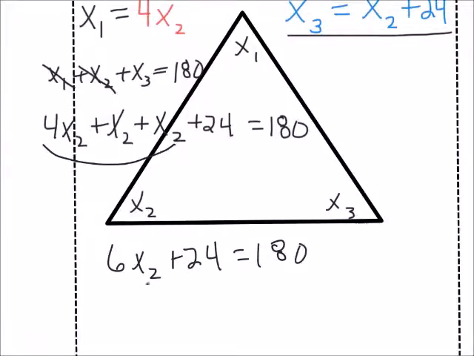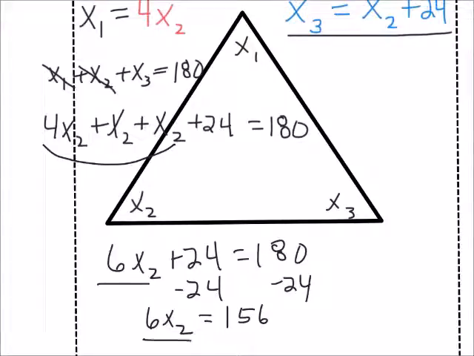To isolate our x sub 2, we subtract 24, and we get 6 x sub 2 equals 156. Then we divide both sides by 6 to get the x by itself, and we get x sub 2 equals 26.